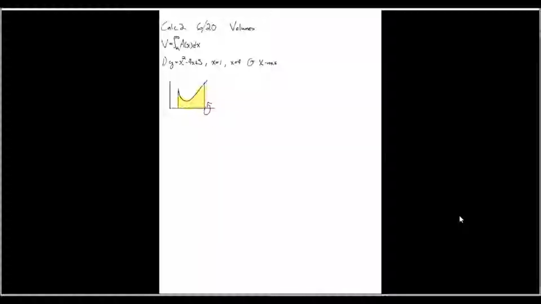And in this case, we're going to use circles. So what do I mean by that? If I've got this height of my function here, I know what that is. That's given to me by this function here, right? So any place up to there is given by that function, right? So how do we utilize that?